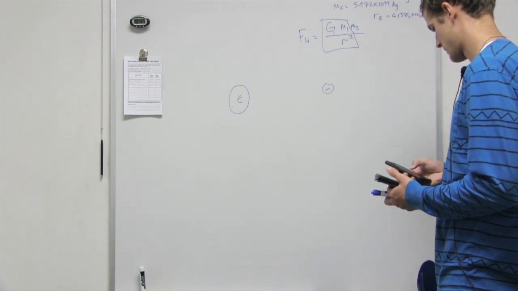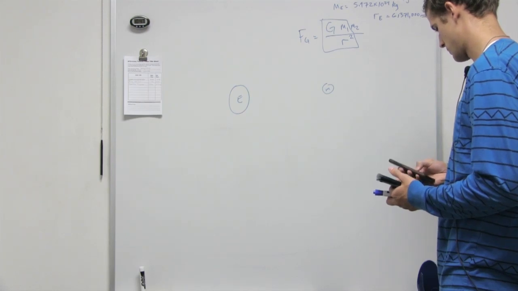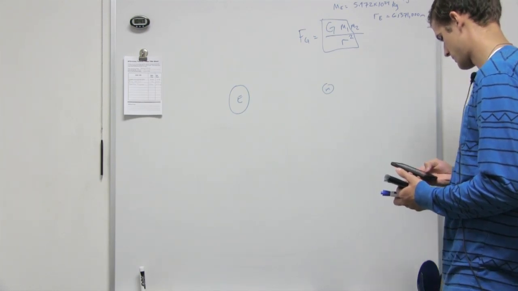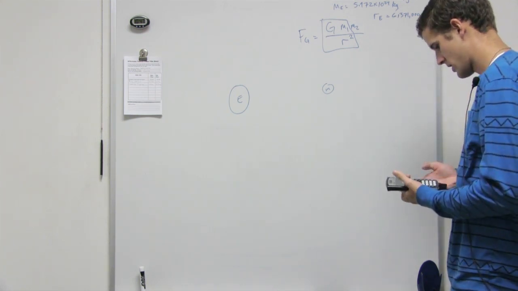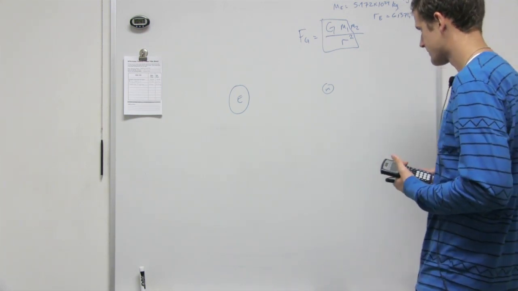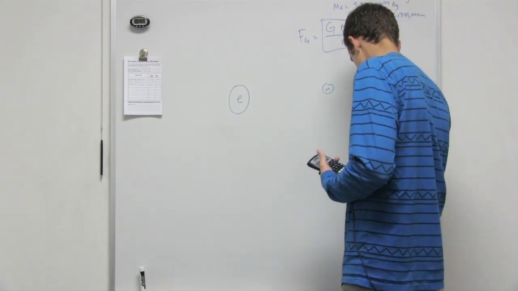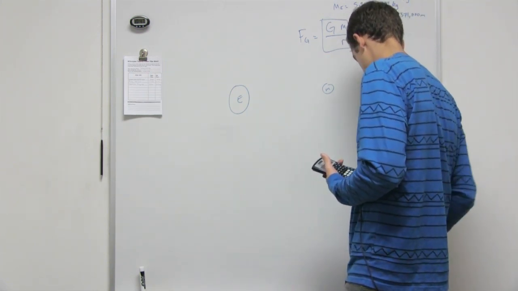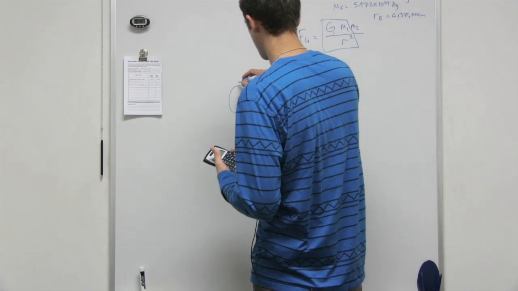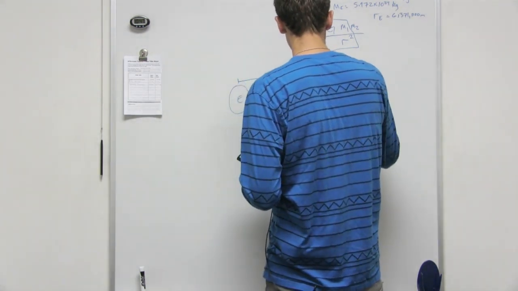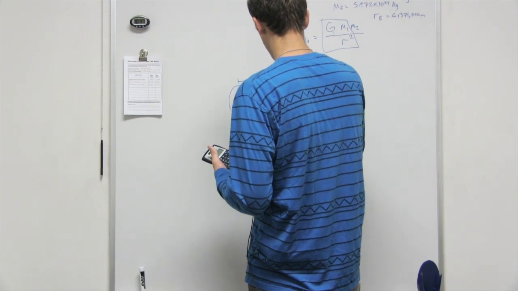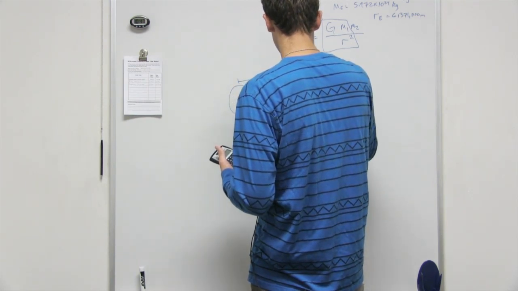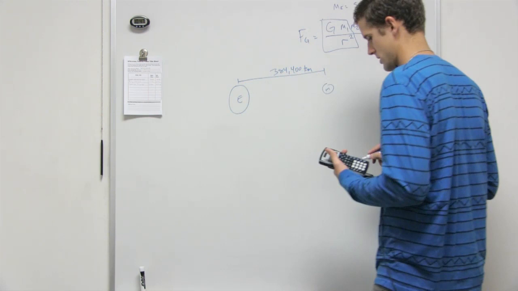Distance from Earth to moon. This is stuff that you could either look up, or sometimes the book has a table that has some of this stuff in it. The distance from the Earth to the moon is 384,400 kilometers.